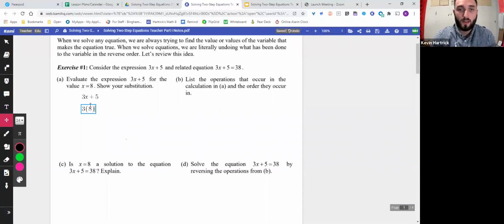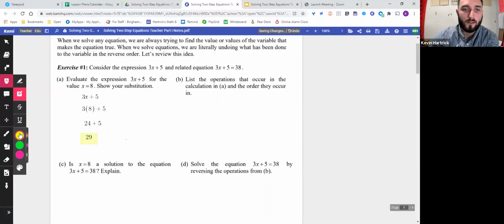I'm using my order of operations: 3 times 8 is 24, and then 24 plus 5 is 29. So the value of the expression 3x plus 5, when x equals 8, is 29.